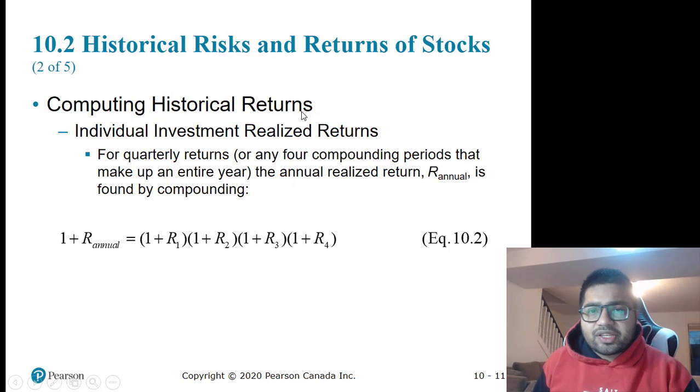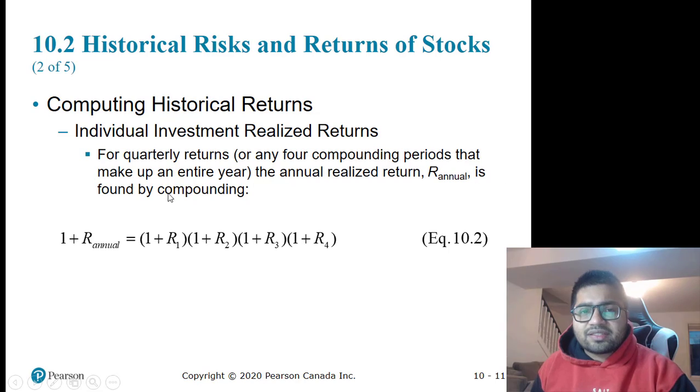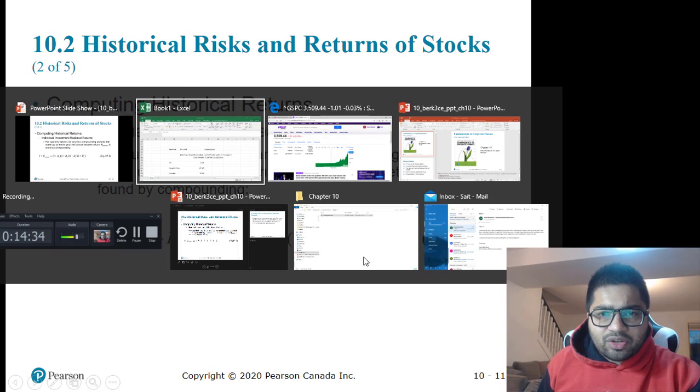Then computing historical returns for individual investments. For quarterly returns, with 4 compounding periods that make up a year, the annual realized return is compounded by finding out these things. So let's do it on my portfolio.